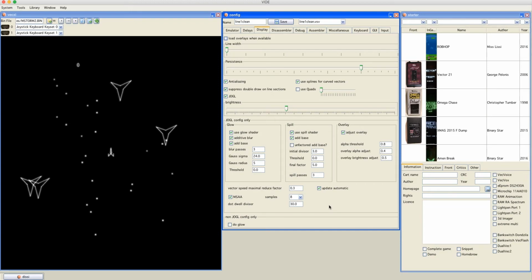So if you have a line that is drawn with a brightness of 127 and the line is only 1 centimeter long, or has a low strength, a strength of, I don't know, 10 perhaps, then the brightness is higher than a vector of the same brightness which is 10 centimeters long or something like that. And this can also be configured. Vector speed maximal reduce factor.